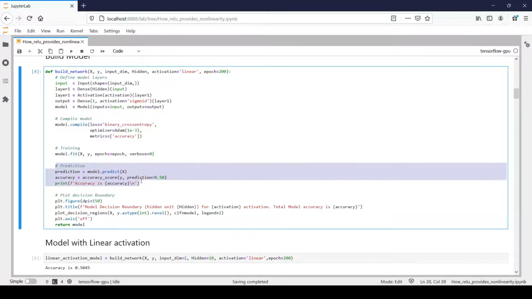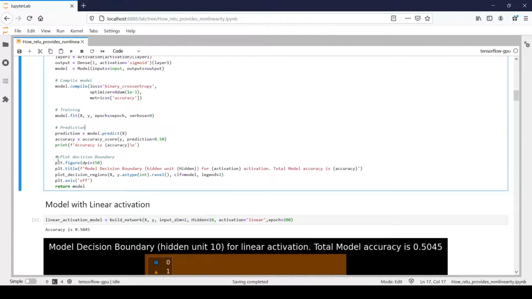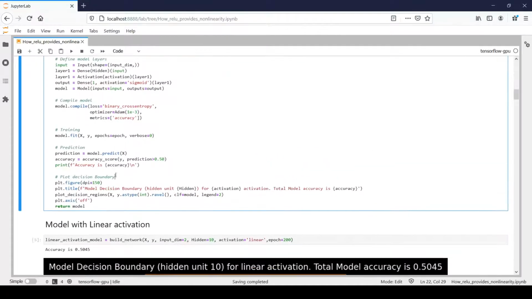And next I will be calculating the accuracy score for my data, right? And lastly, I will be taking the trained model and building a model decision boundary so that we would be able to understand what sort of decision boundary my model would be able to identify.